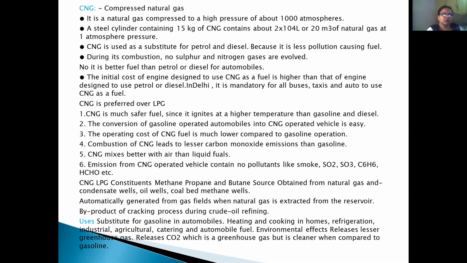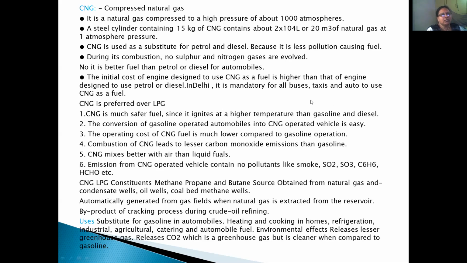It is also preferred over LPG because it is a safer fuel and does not cause pollution, with fewer emissions of gases. That is why it is used in automobiles nowadays, and also for heating and cooking, refrigeration, industrial, agricultural and catering uses. So this is about our CNG.